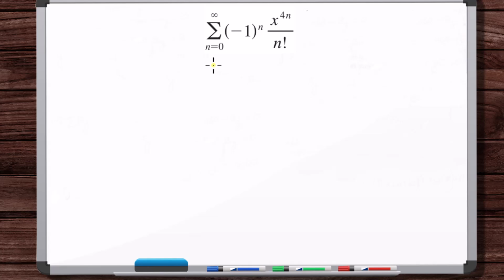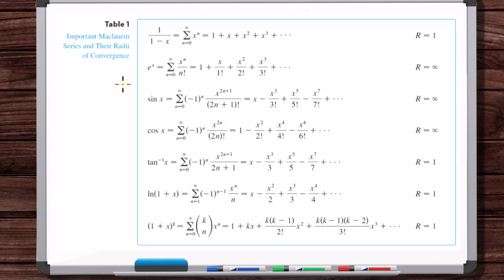Well, the idea is we'll look at something like this, and then compare it to the table of Maclaurin series that we have, and use this table to identify what function the series corresponds to.